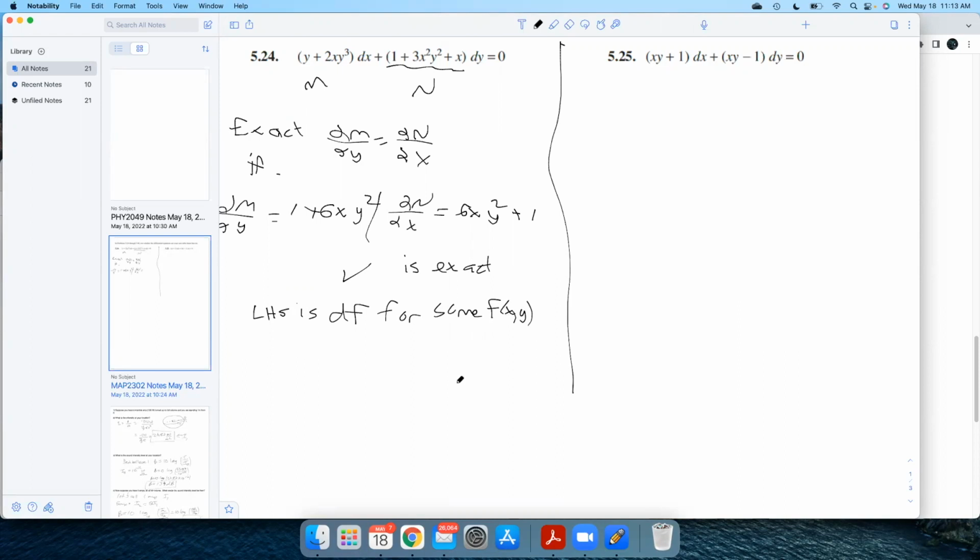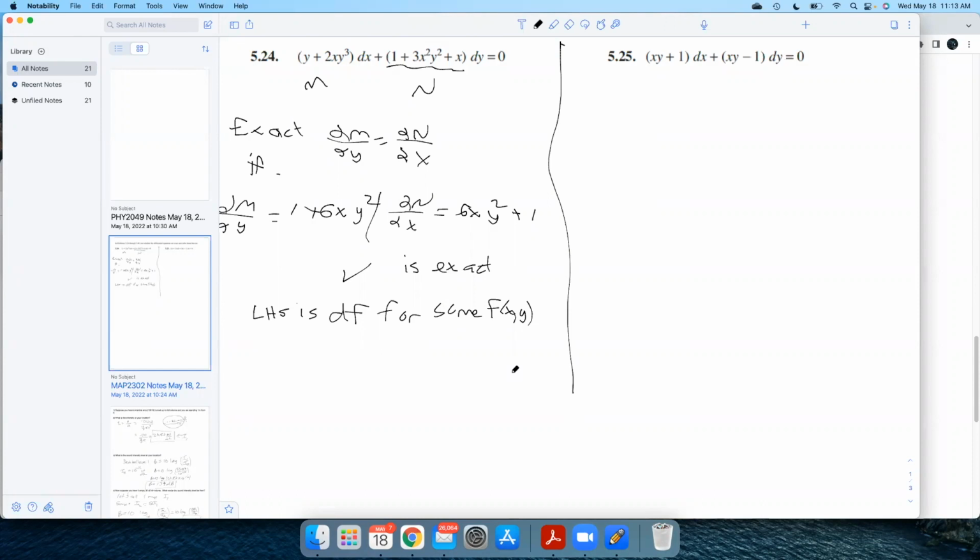That's what we need to find. That's our goal. And there are two different ways to approach this. You can do two different integrals and compare, or you can integrate and then differentiate with respect to the other variable and compare. You can do two integrals or an integral and a derivative.